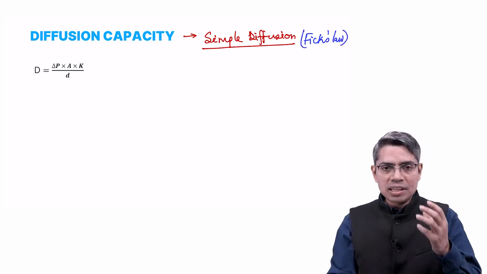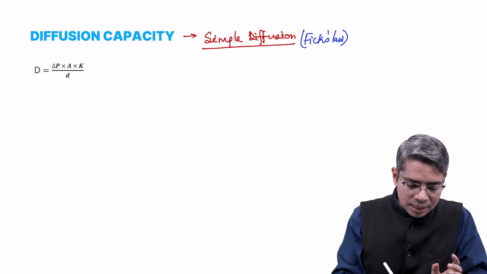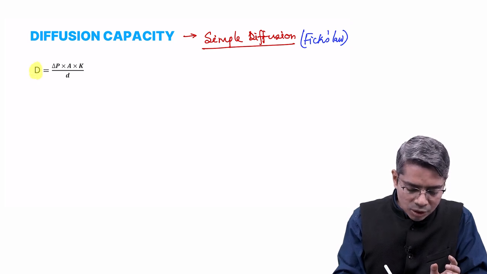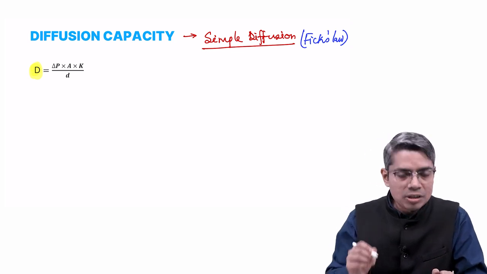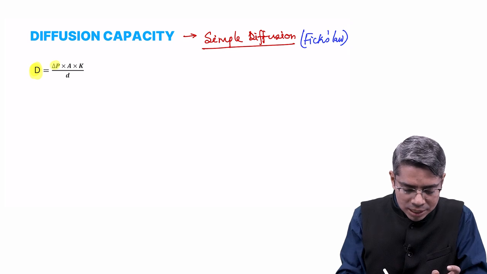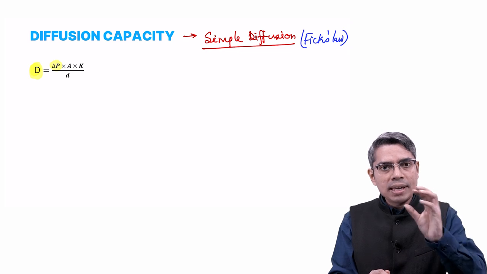So according to Fick's law, if you apply it at the level of lung alveoli, the formula will be: the diffusion capacity of the lung, denoted by D, is equal to delta P, that is the partial pressure difference between alveoli and capillary blood.